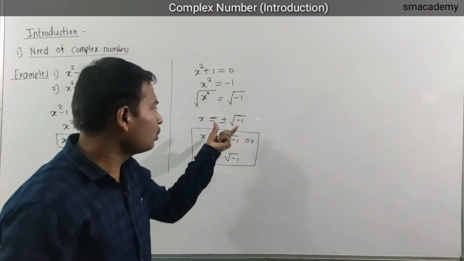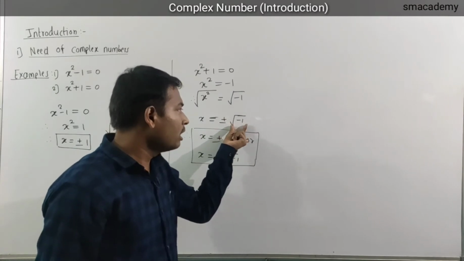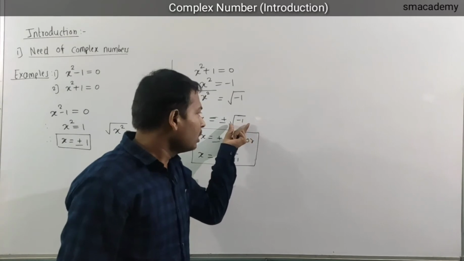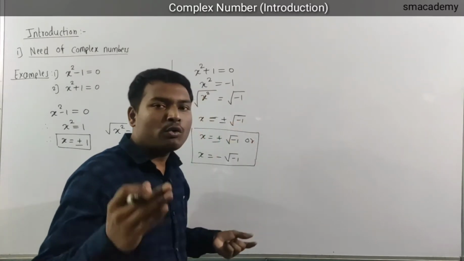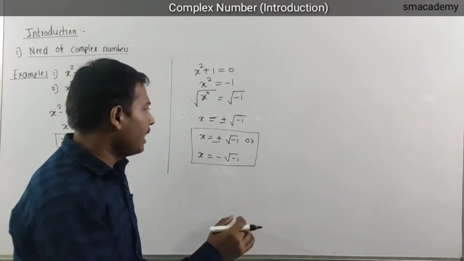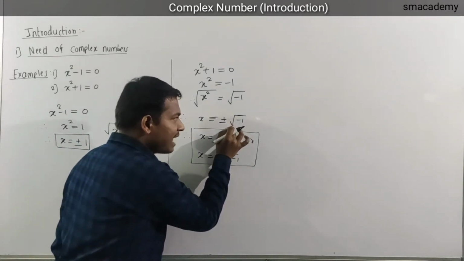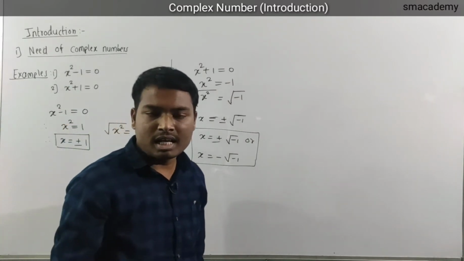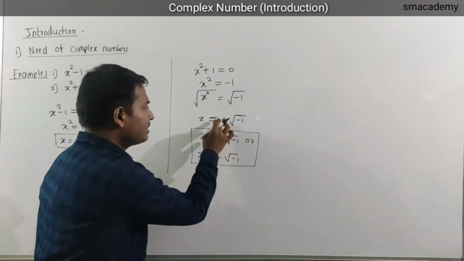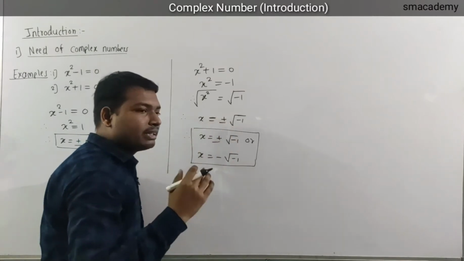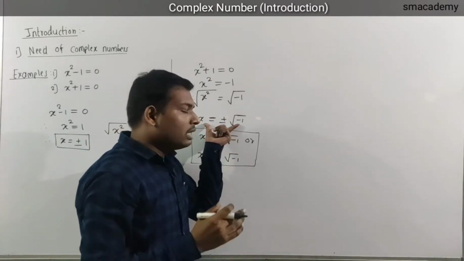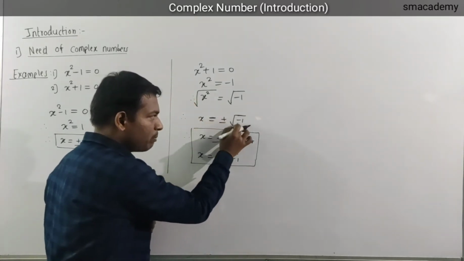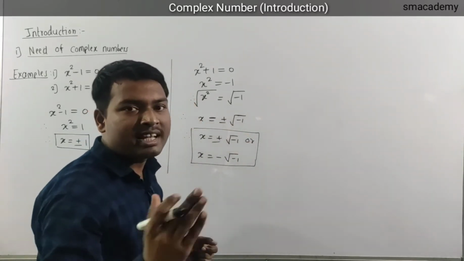But while observing this solution, plus minus under root minus 1, here under the root there is minus 1, which is a negative value, and therefore we can say that this root of minus 1 is not a real number. Clear? It is not a part of real numbers, means x is equal to plus minus root of minus 1 is not a solution in real numbers.